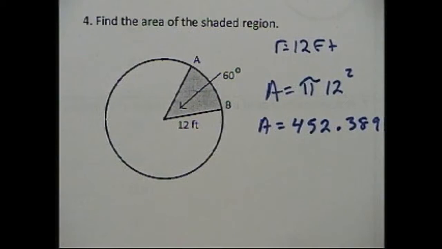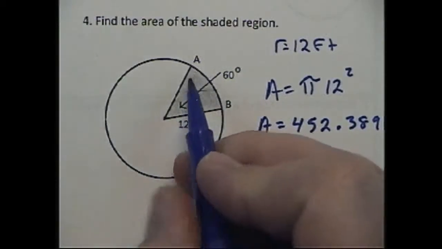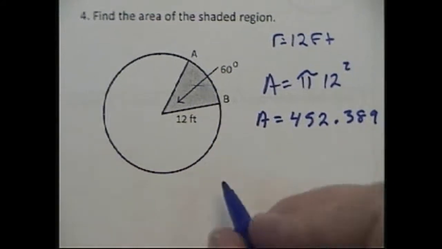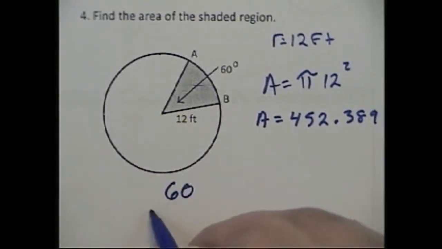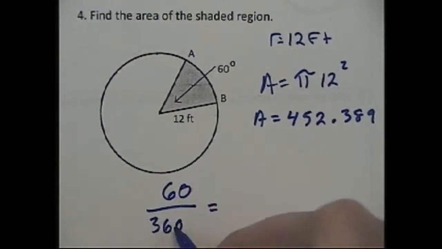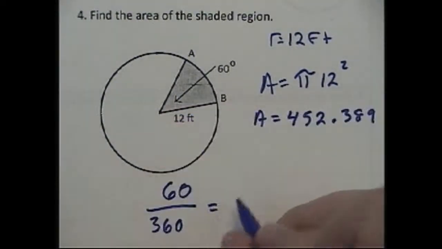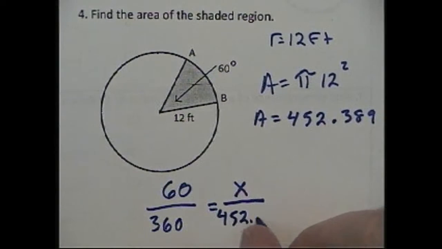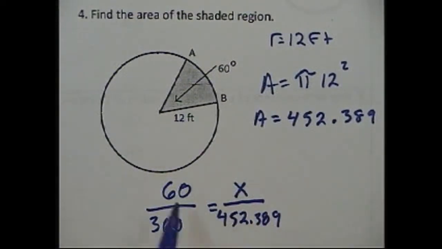Now we're going to set up our proportion because I'm trying to find not the area of the whole thing, but just this part right here, which I know is 60 out of 360 degrees. All right, part over whole. I don't know the area of this part. I will put a variable on top. I do know the area of the whole is 452.389. Again, I will cross multiply.